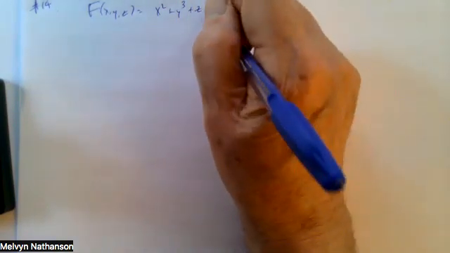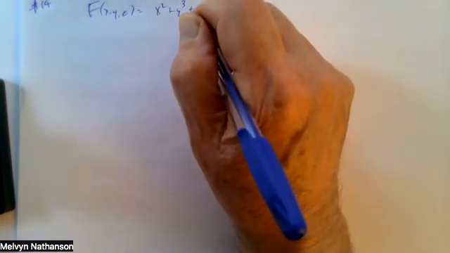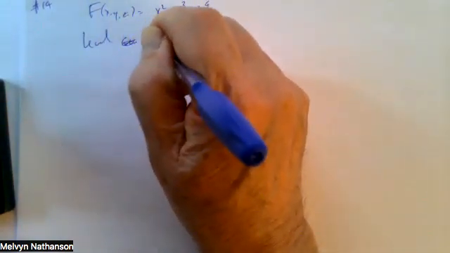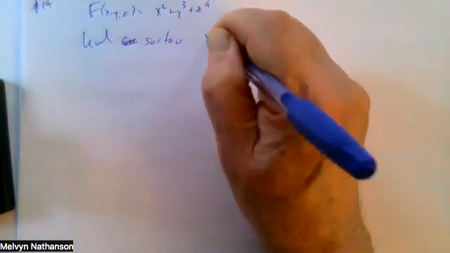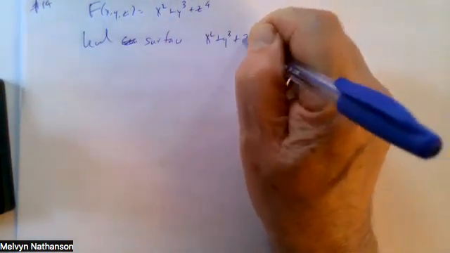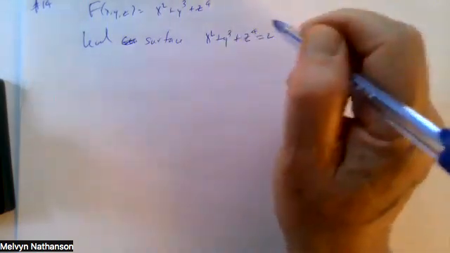Suppose you have the function f of x, y, z equals x squared plus y cubed plus z to the fourth, and we're looking at the level surface x squared plus y cubed plus z to the fourth equal 2.